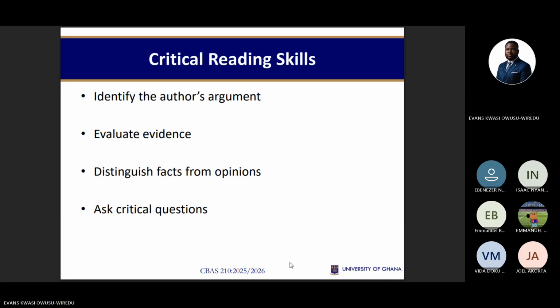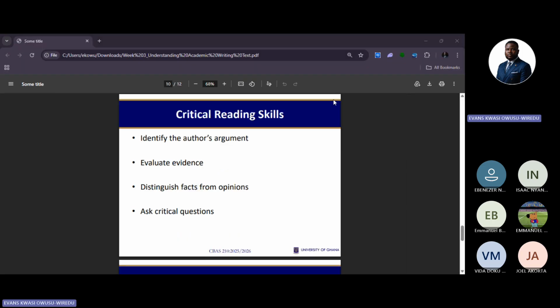Right. So that being said, another skill you generate is the ability to ask critical questions.